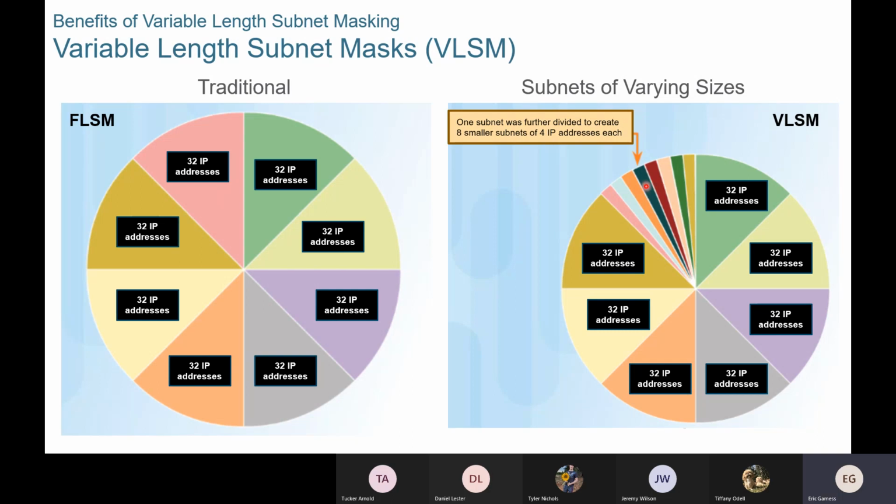It allows you to have different sizes. For example, I could take this one and divide it into 2 subnets of 16 IP addresses. I could take this one and divide it into 4 subnets of 8 IP addresses. You see? So you can divide a little more if you want. But always remember, we have to work with powers of 2.